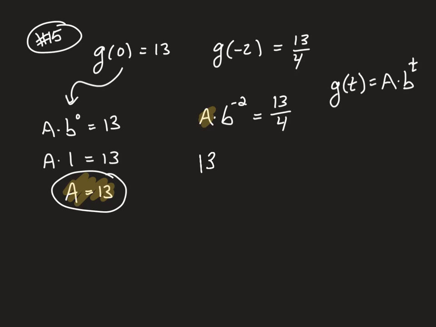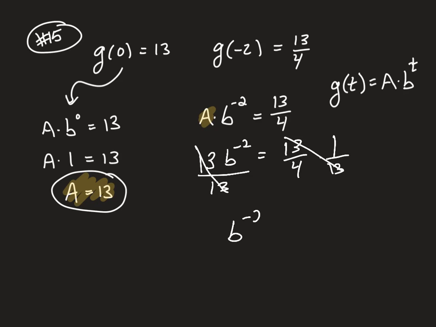So I get 13b to the negative 2 is equal to 13 over 4. Now I can divide both sides of this equation by 13, so these 13s cancel on both sides.